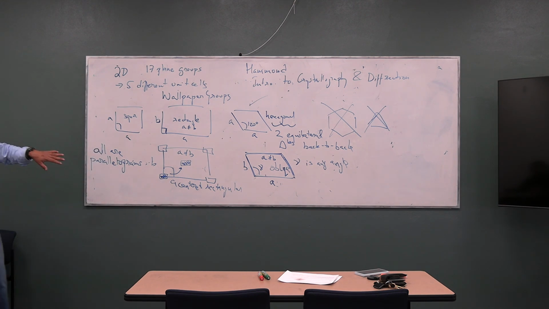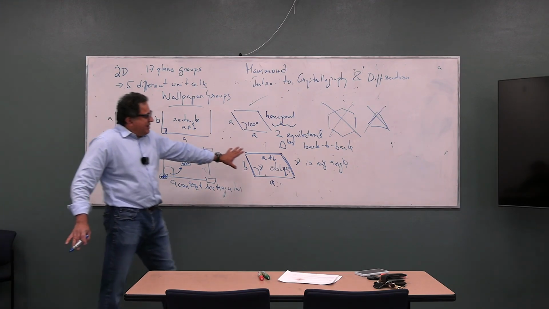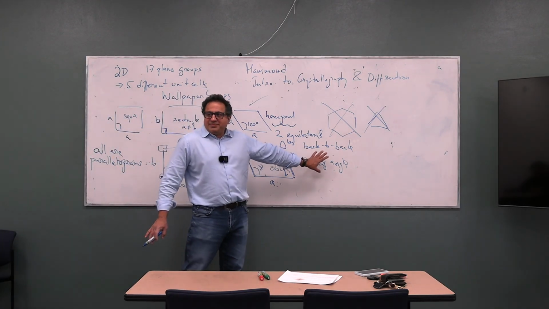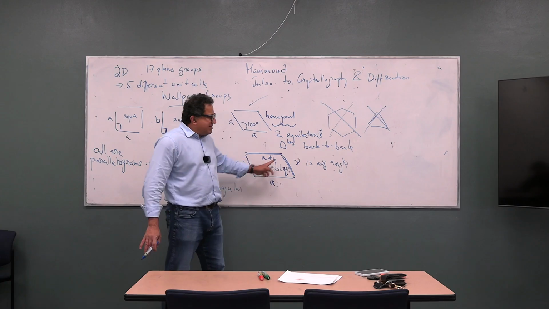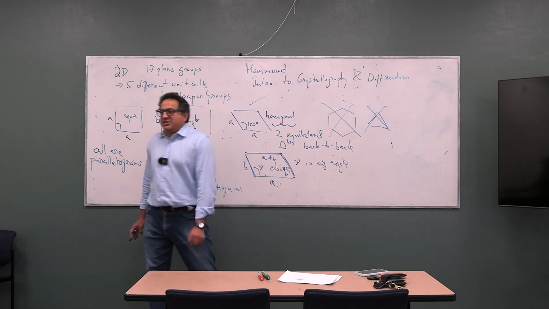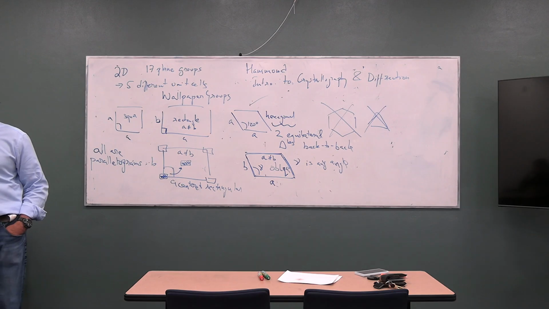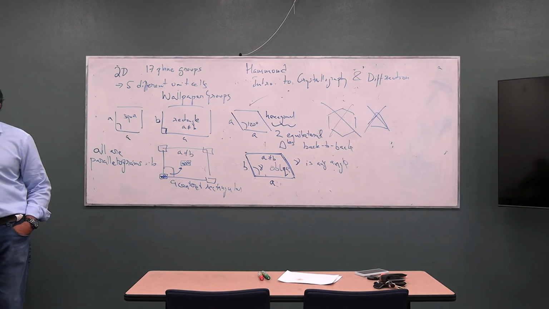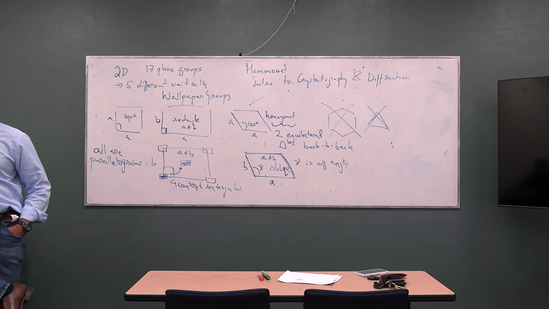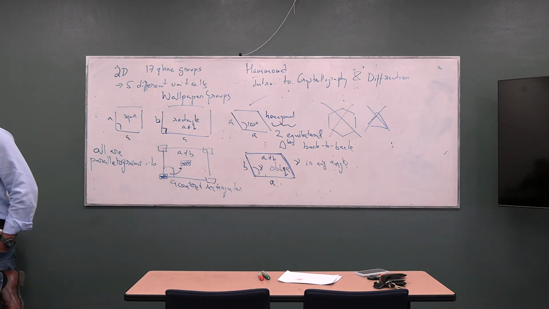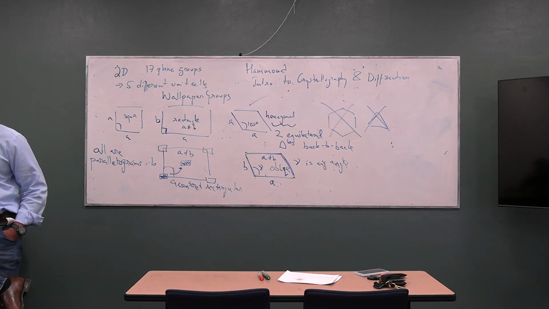Because when you're tiling, when you take this tile and you move it, this edge here has to sit exactly on top of this edge here, right? The opposite edges have to be congruent. They have to sit one on top of the other, otherwise you will not be able to accomplish the tiling. So these are the 5 different kinds of unit cells in 2D.